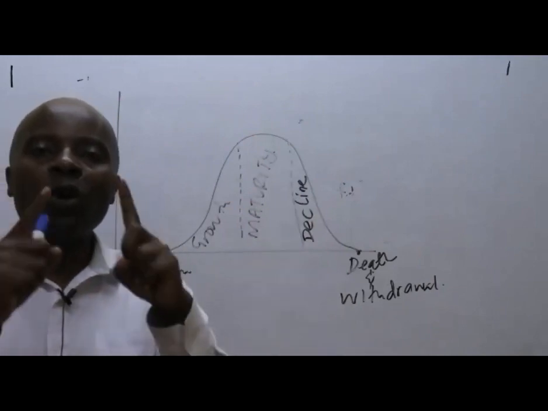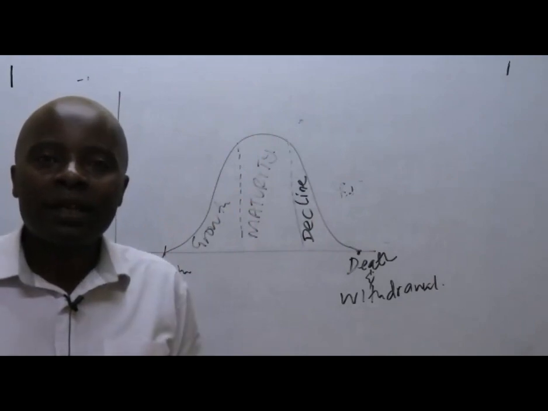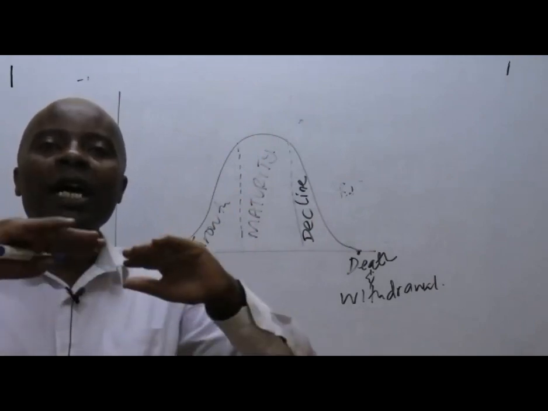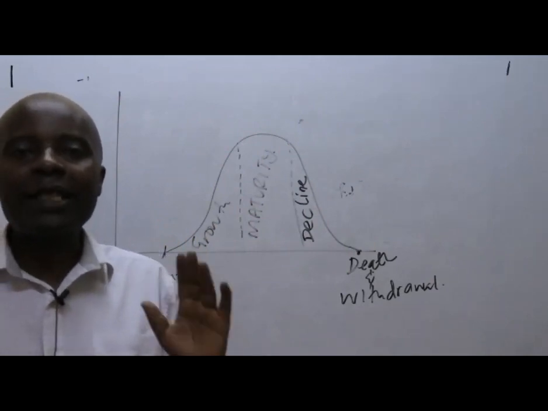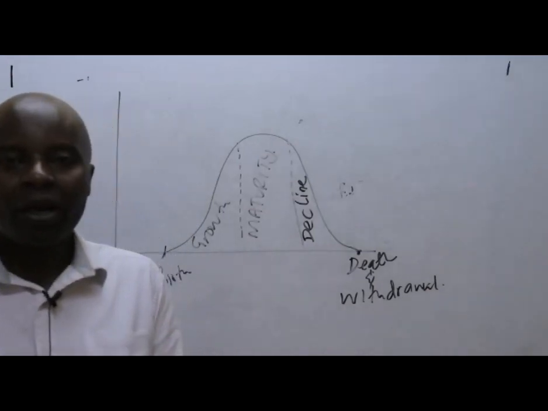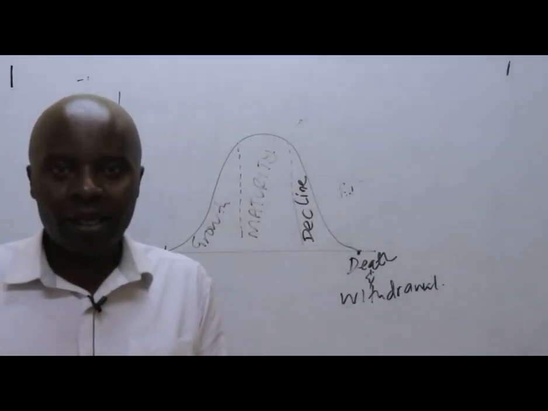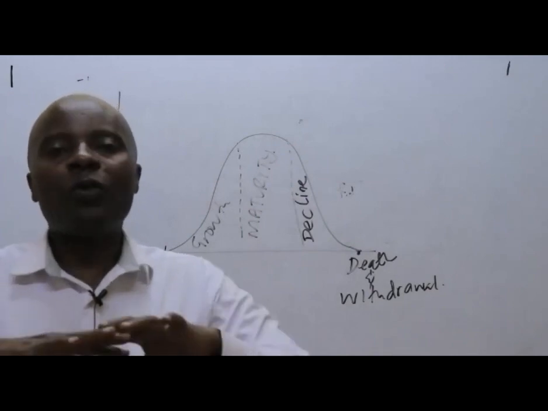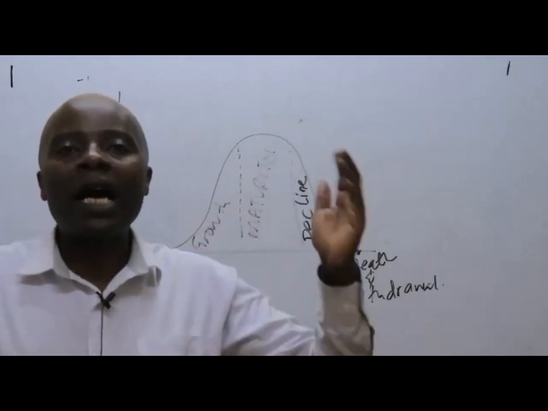So we do cost tracking, we do revenue tracking of a product over its entire lifetime. Whenever they talk of life cycle costing, remember cost and revenue tracking of a product over its lifetime or life cycle.